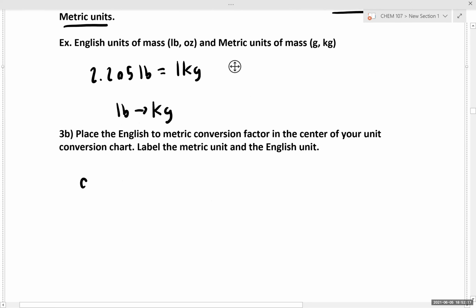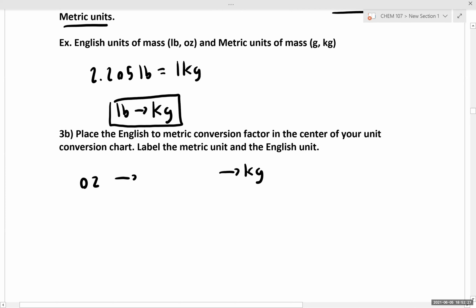So in our overall goal, we want to go from ounces to kilograms as part of the problem. We have from our English to metric conversion table a way to go from pounds to kilograms. So we can go from pounds to kilograms easily.